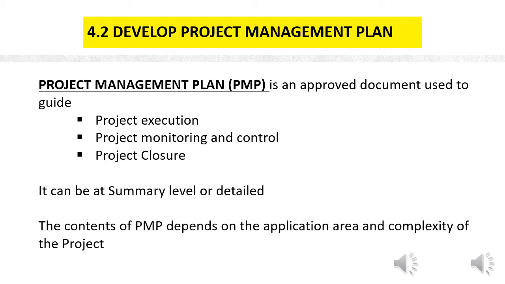This project management plan, as we said, is basically an artifact which helps us to understand how the project will be executed, monitored, controlled, and closed. So this detailing can be done either at a summary level or it can be detailed out in the beginning during this process.